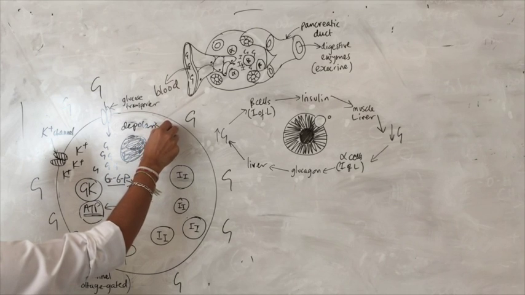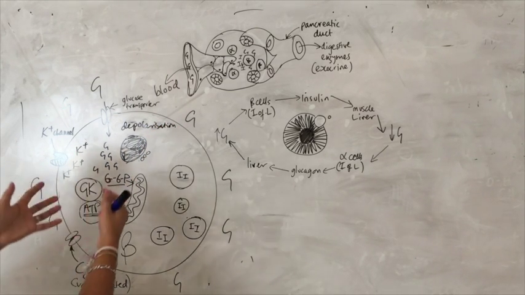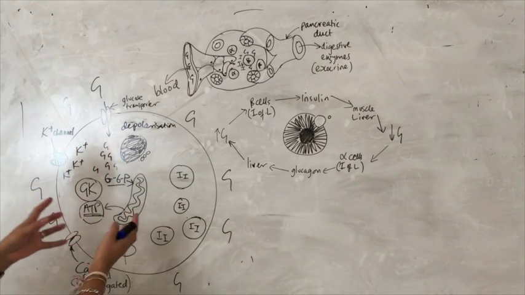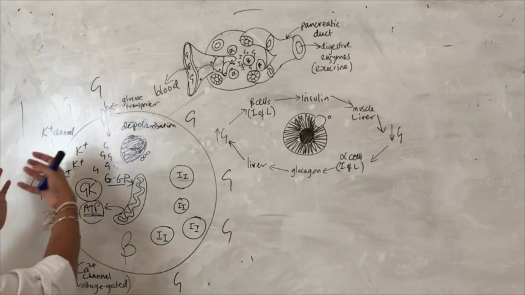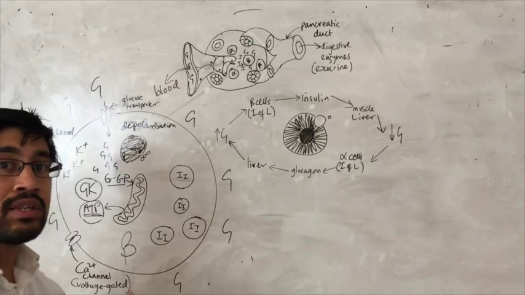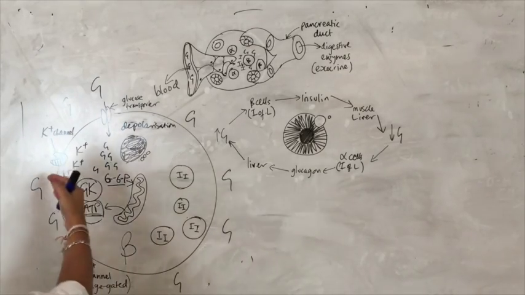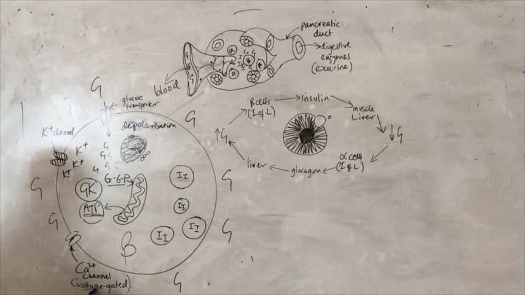It used to be very negative inside here, but because we're stopping the potassium ions from going out, they're being kept inside, and the inside is now becoming more positive, so we're getting a depolarization, and this depolarization affects the voltage-gated calcium channels.